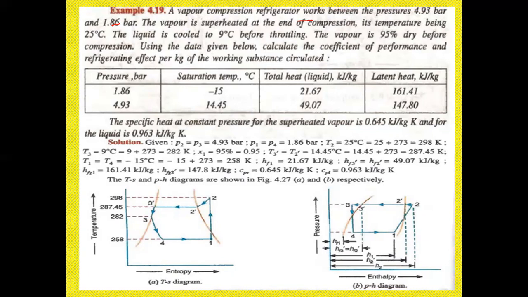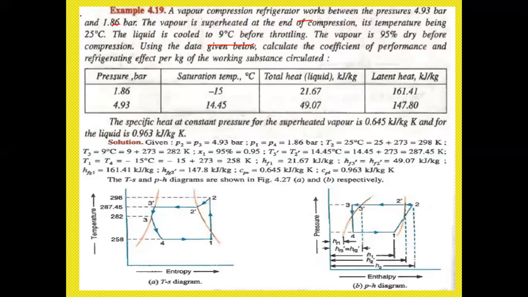The liquid is cooled to 9 degrees centigrade before throttling. The vapor is 95 percent dry before compression. Using the data given below, calculate the coefficient of performance and refrigerating effect per kg of the working substance circulated. See the table given.